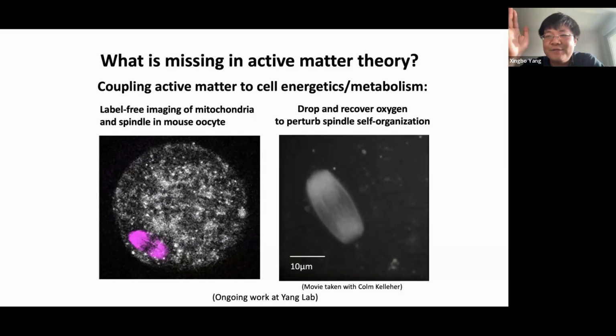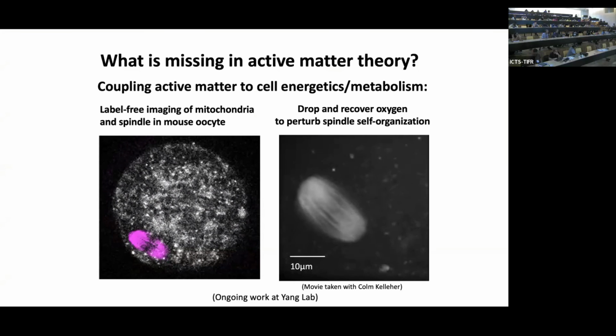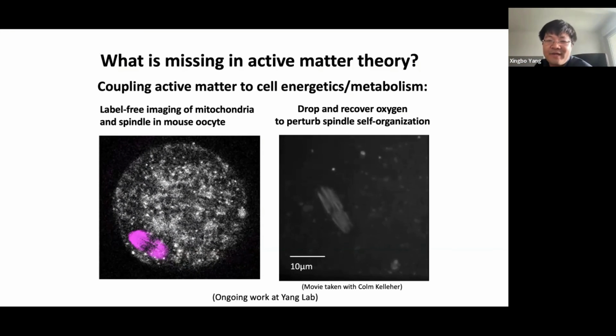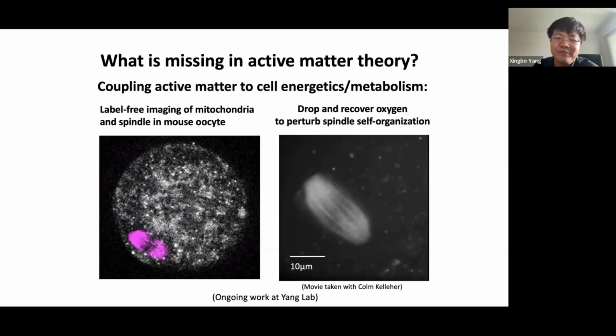That's what I'm trying to set out to figure out. But if you look at the face value, it seems it's become smaller. So when you drop oxygen, it's only the spindle which is affected and nothing else? I will show you in the next lectures that the mitochondria are definitely impacted. Stay tuned for that.